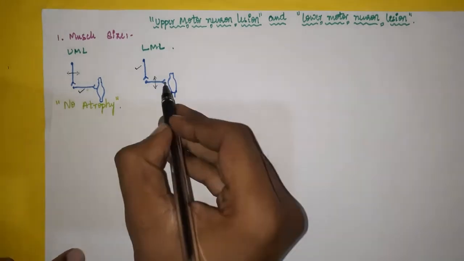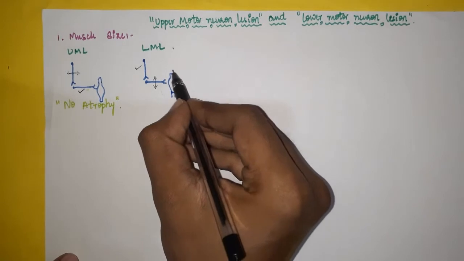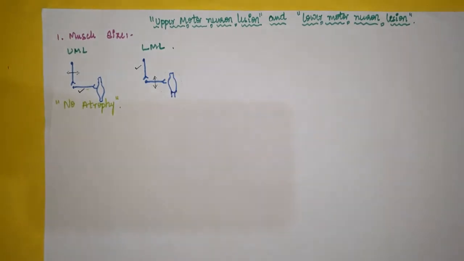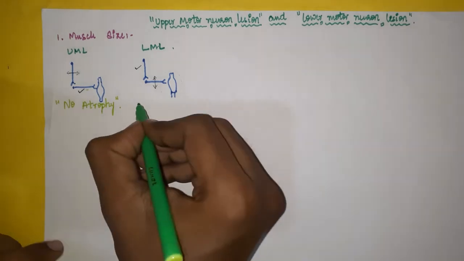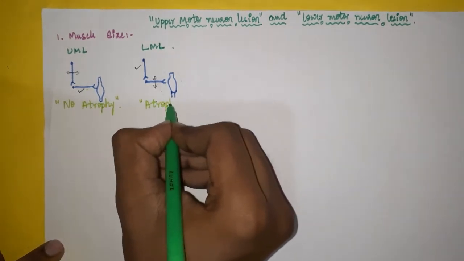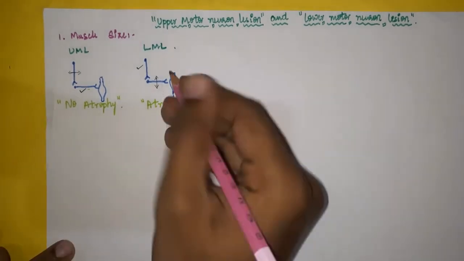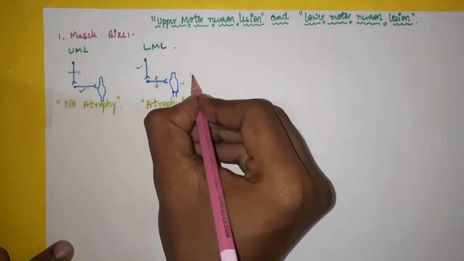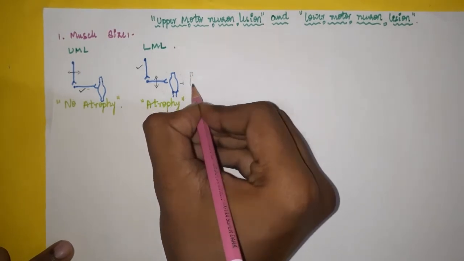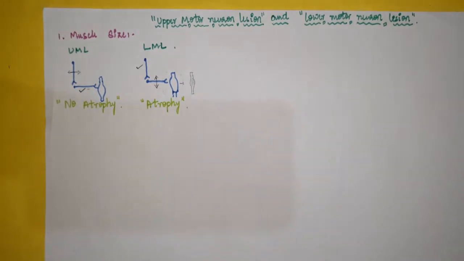But see here, if this is damaged, total nerve supply to this muscle is damaged. Therefore there is atrophy of muscle. This muscle will shrink.